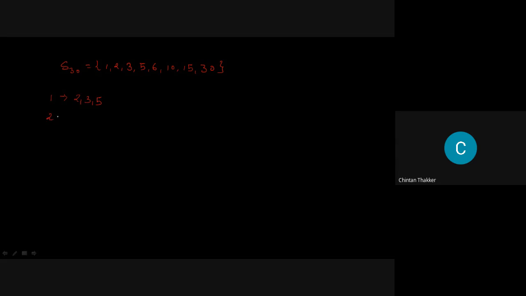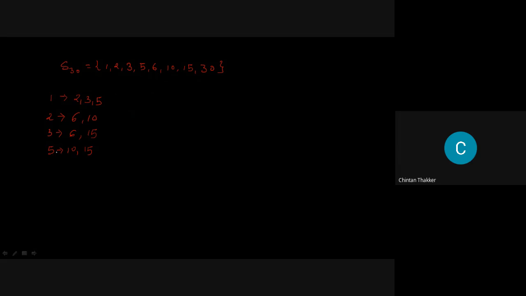Cover of 2: 2 divides 6, so 6, and 2 divides 10, so 10 also. Then cover of 3: 3 divides 6, 3 divides 15. Then cover of 5 is 10 and 15.